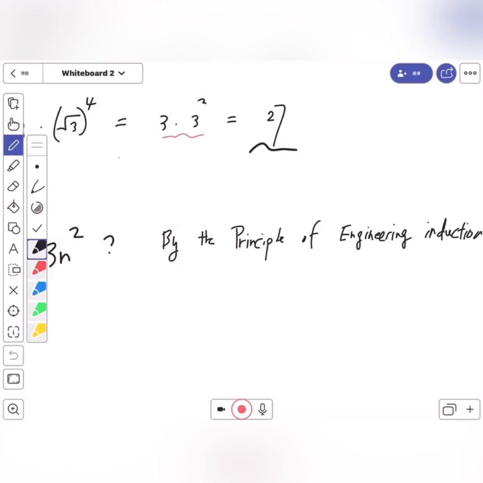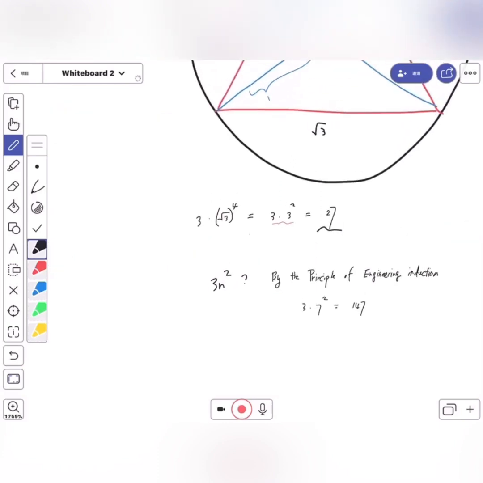We call this engineering because we don't really have a rigorous proof on why this is true. By the principle of engineering induction, then the answer is just 3 times 7 squared, which is equal to 147.